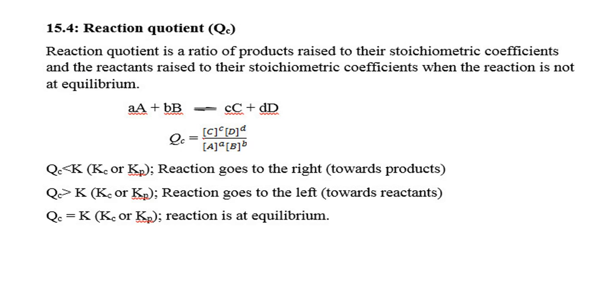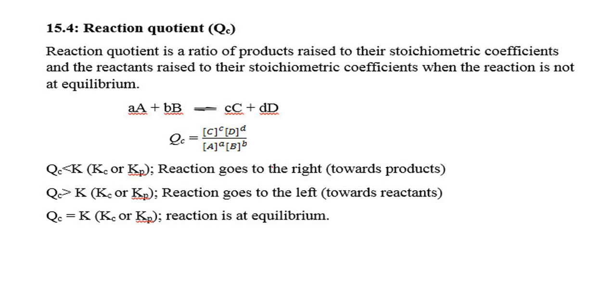In other words, we can say Kp is a Qp but at equilibrium, or Kc is a Qc but only at equilibrium. At any other point other than equilibrium, we have Qp or Qc.